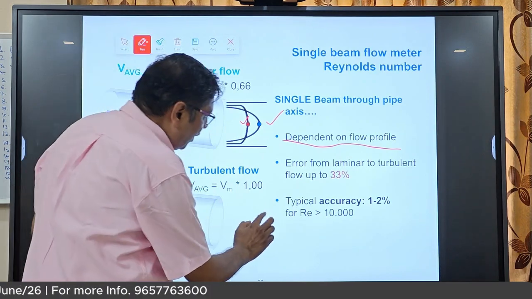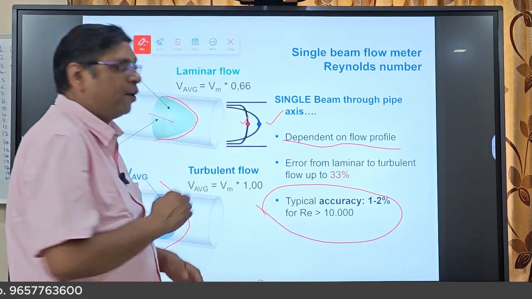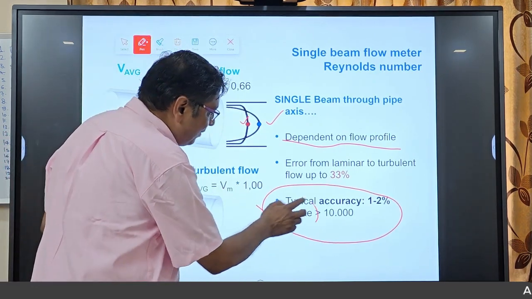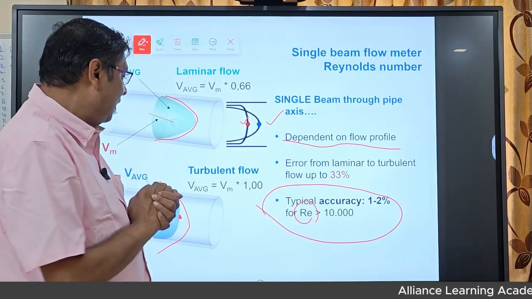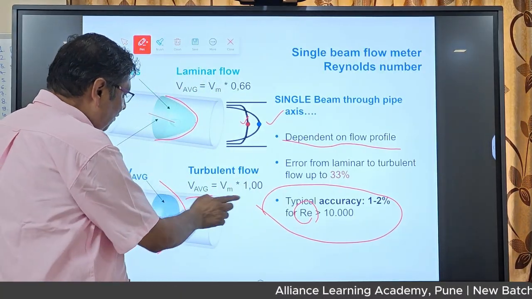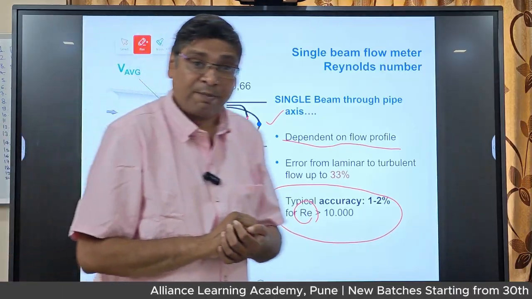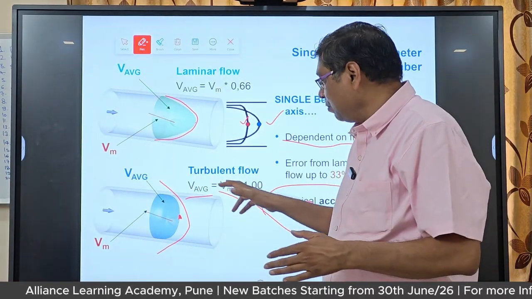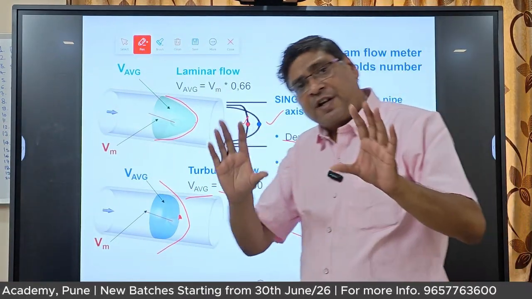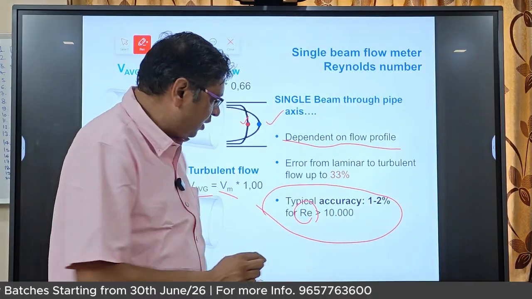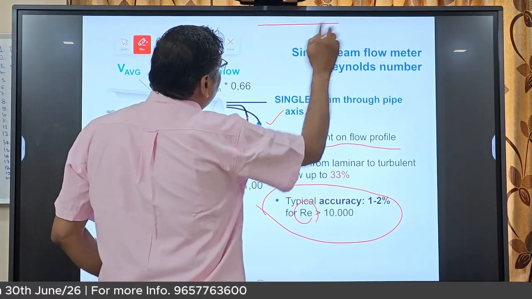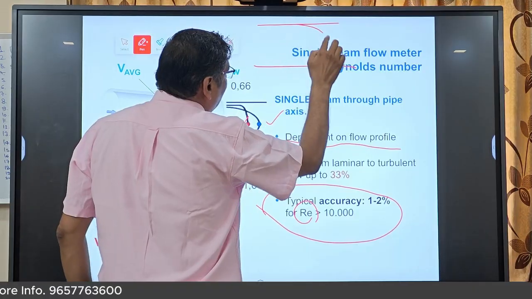So typical accuracy we say is 1.2% when my Re, means Reynolds number, is a 10. V average, V mean, V maximum. This V maximum and V average we discussed in a previous section when I made a pipeline like this and the parabola like this.